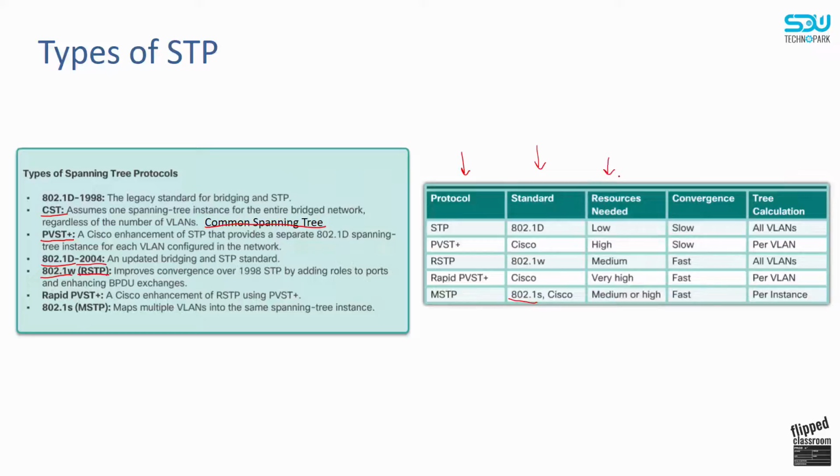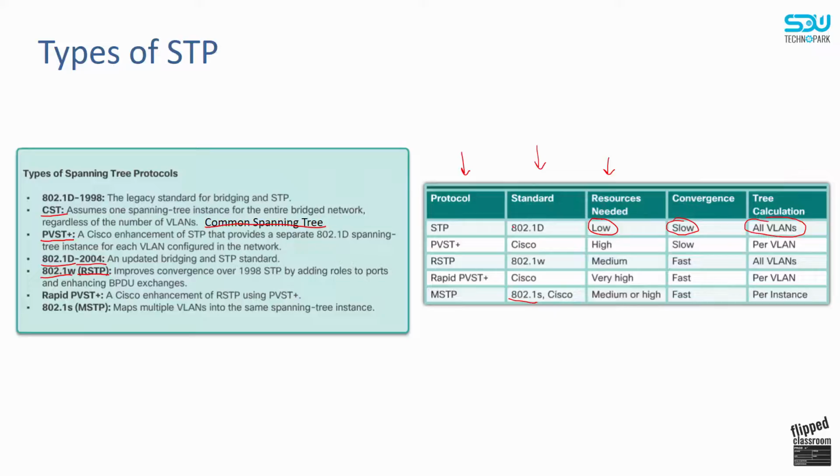Resources needed: how many resources are needed to use these protocols? STP uses very low resources, because it has very slow convergence, and due to that it doesn't need extra calculations to be done or extra messages to be sent. Also, it calculates the tree for all VLANs at the same time.